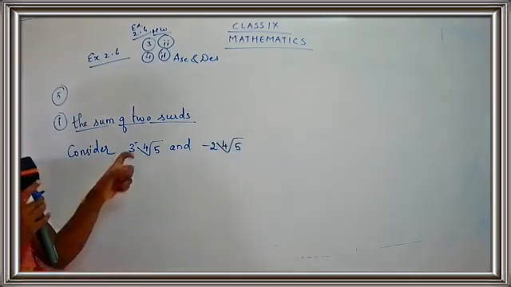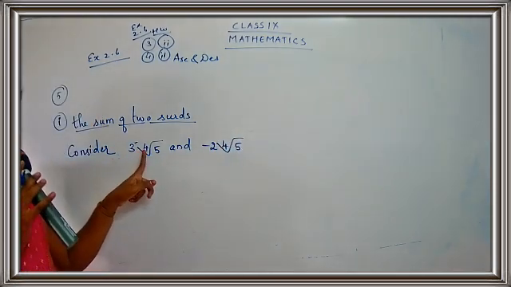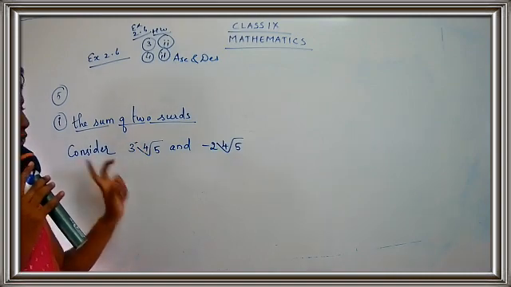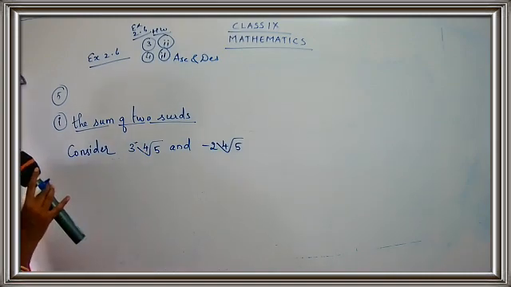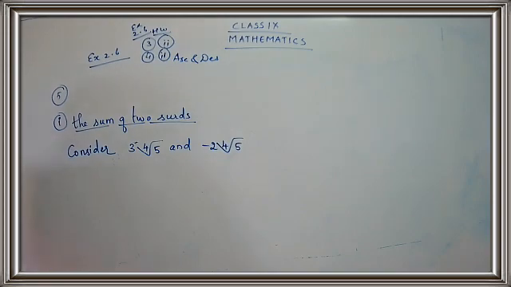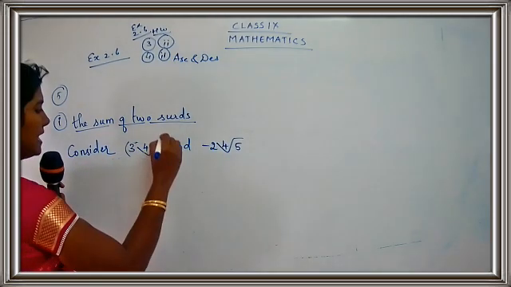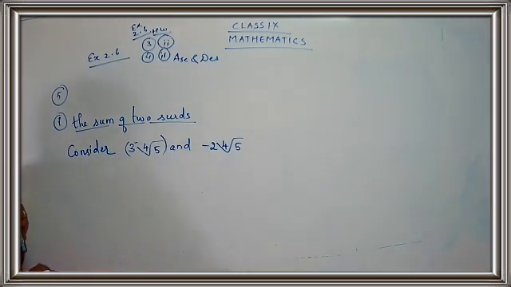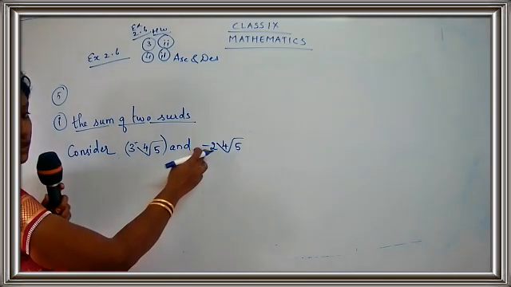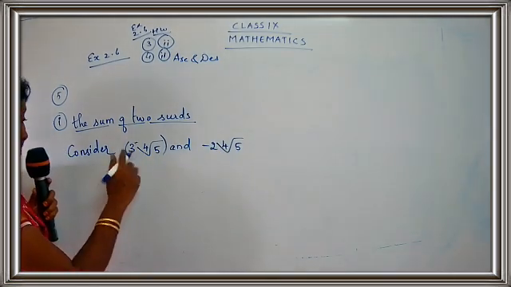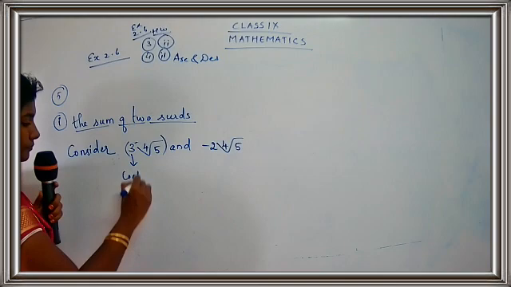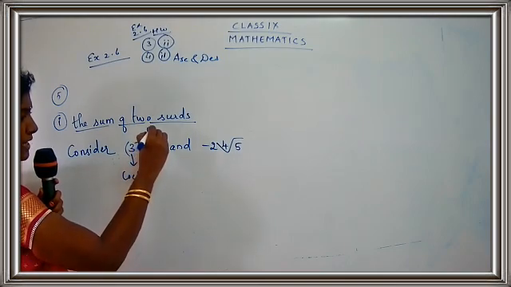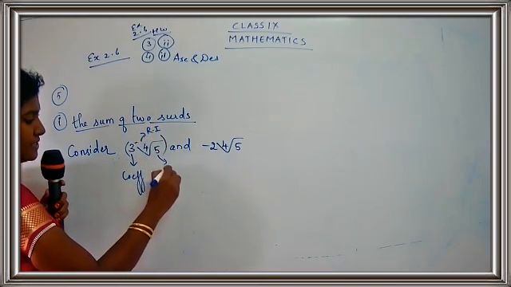Remember to take the same root index and same radicand, children, then only we can go for the addition or subtraction. So I have chosen two surds, 3 fourth root of 5 and minus 2 fourth root of 5. So this 3 is the coefficient, 4 is the root index and 5 is the radicand.